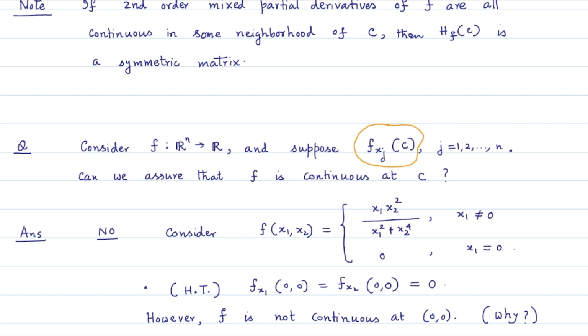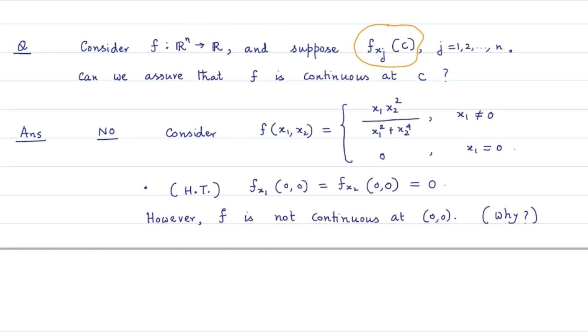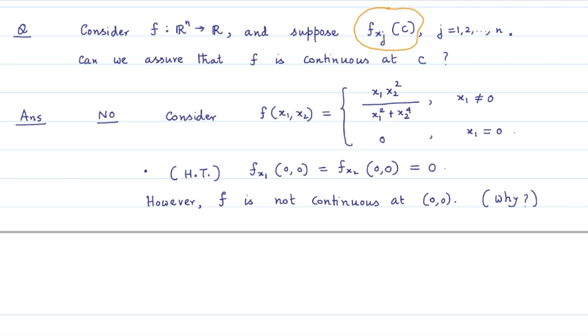To find a reason behind the discontinuity at a point, even if the partial derivatives all exist, you may think that while calculating the partial derivatives, we are just calculating the instantaneous rate of change of the function only along the direction of the axis, and thus the change of the function is not analyzed along every possible direction emanating from the given point C, and maybe due to this, the function f appears to be discontinuous.